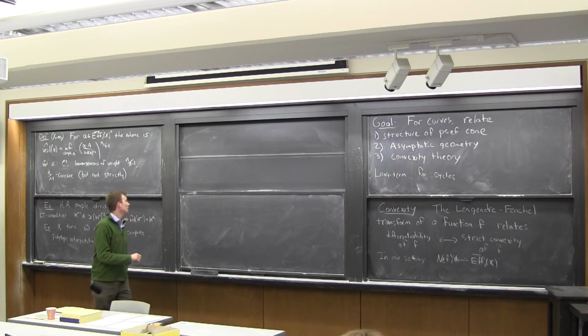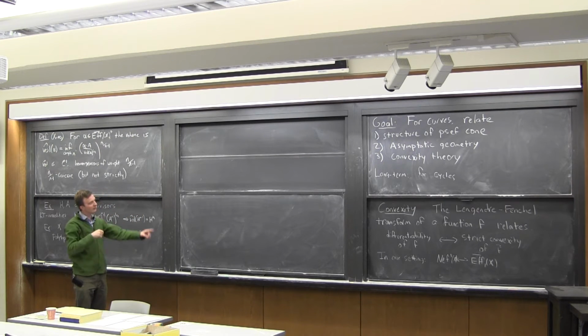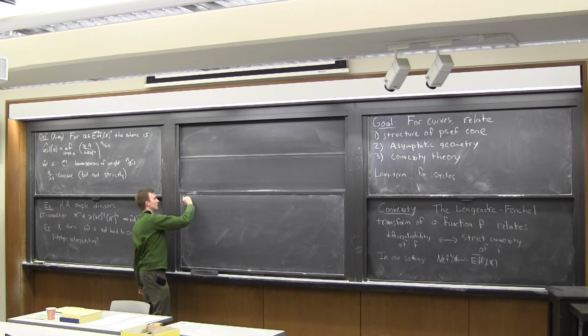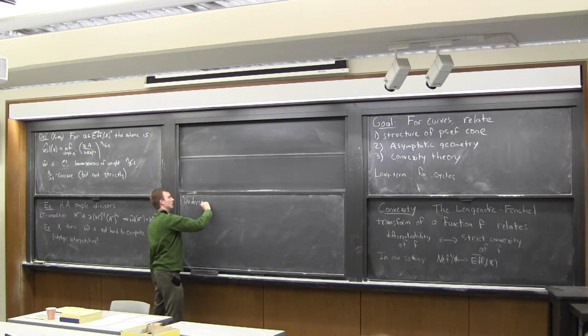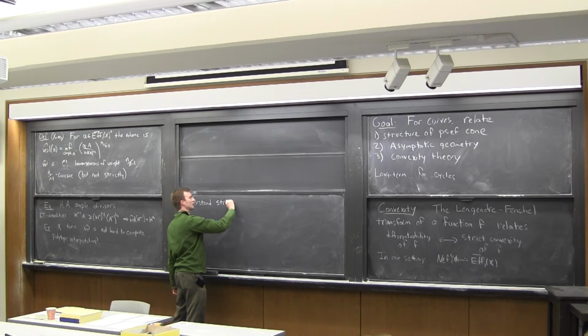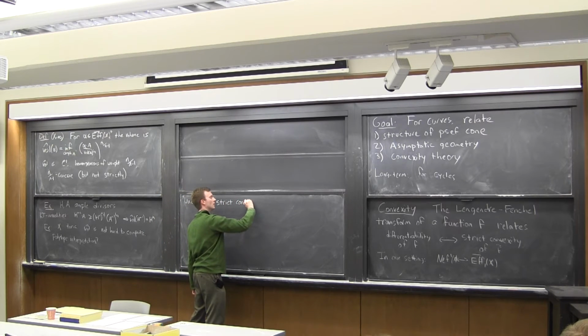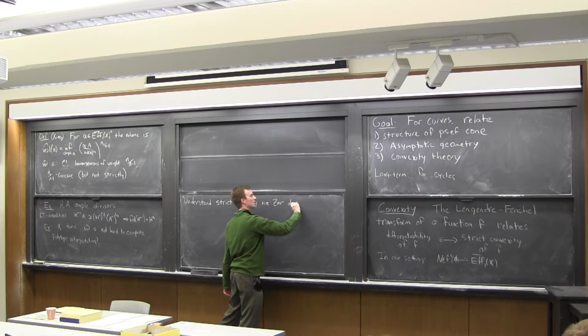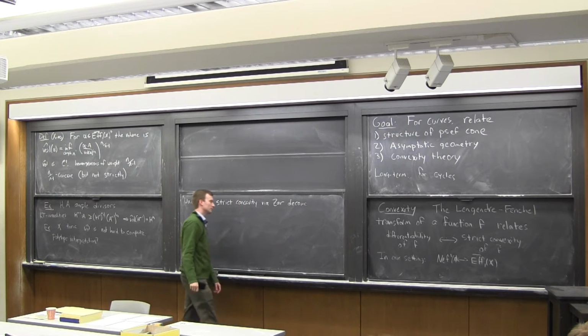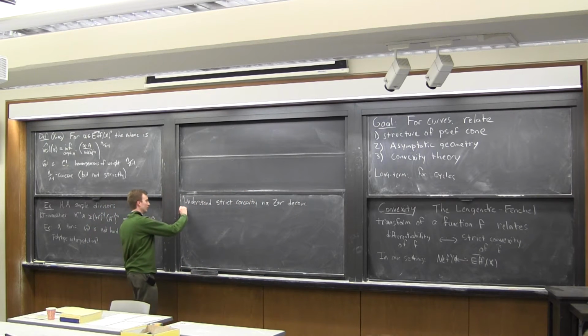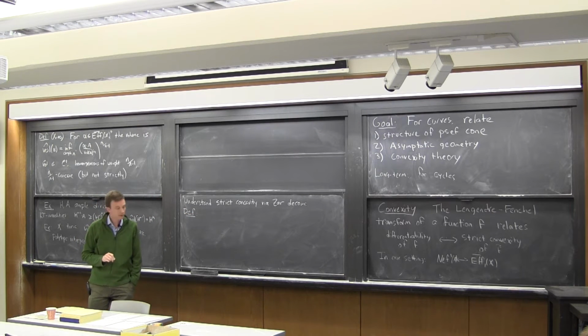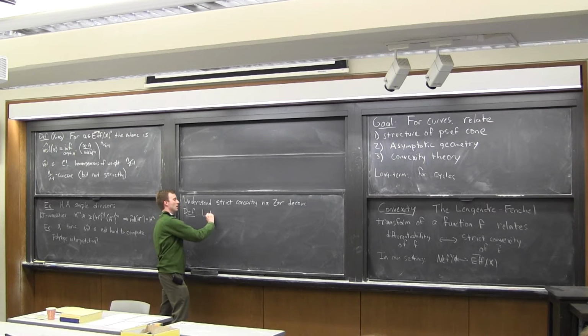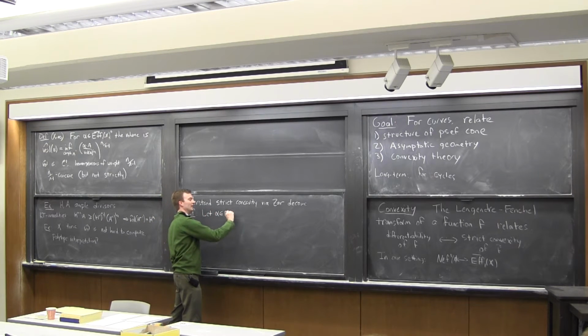In any case, just like for the volume function for divisors, we'd like to understand the strict concavity via some Zariski decomposition. Here's the way to do it for this function. Let's suppose that alpha is a curve class in the interior of the pseudo-effective cone of curves.